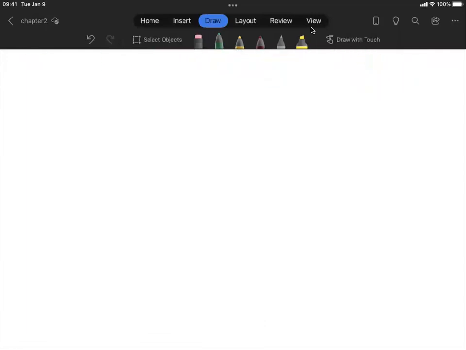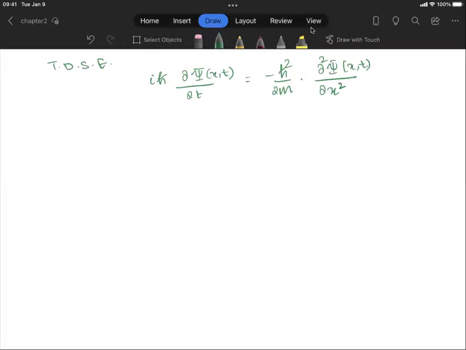So the time-dependent Schrodinger equation can be written as i h bar times the derivative of psi with respect to time, and we have a second derivative with respect to the x coordinate.